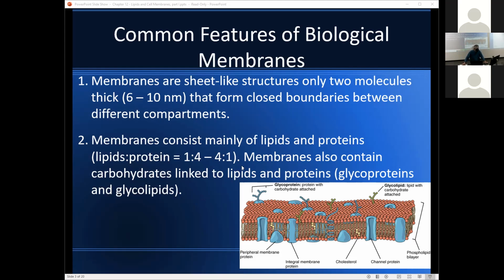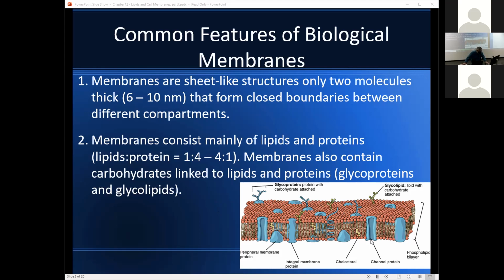Membranes also contain carbohydrates linked to lipids and proteins, glycoproteins and glycolipids. Glycoproteins and glycolipids we find only on the outside of cell membranes. So that's what we're looking at here. If we look at this figure below, we can see the phospholipid bilayer of a cell membrane.